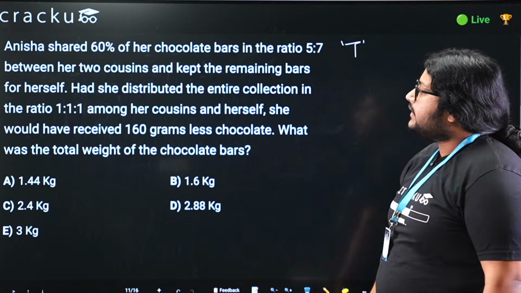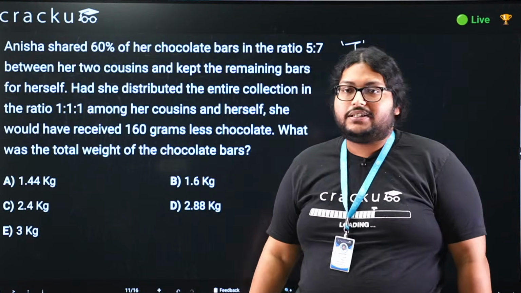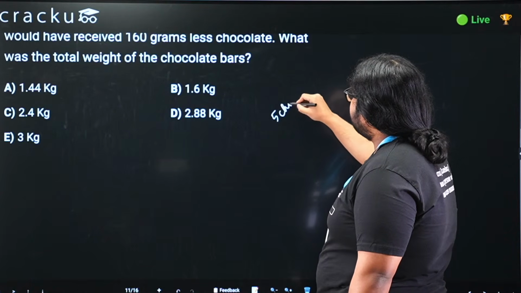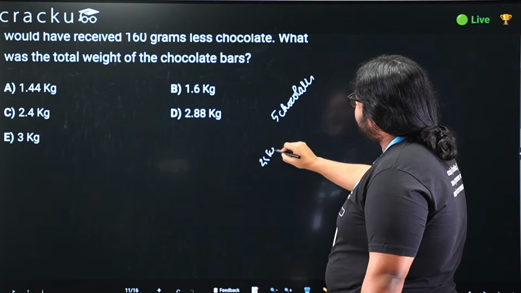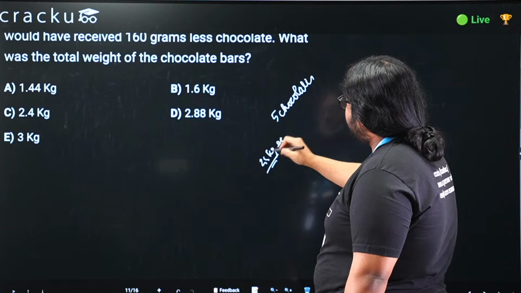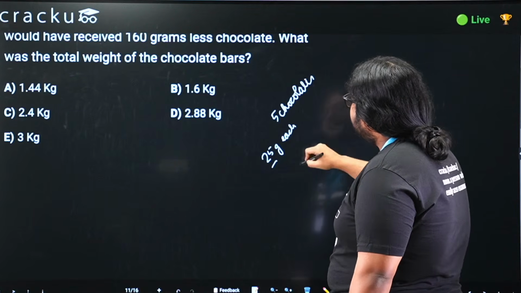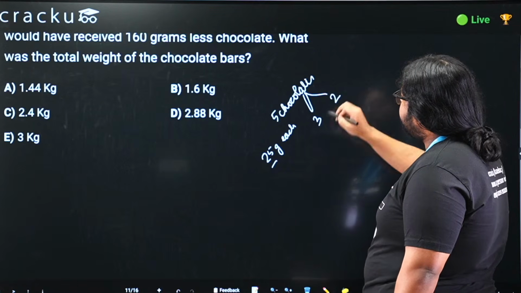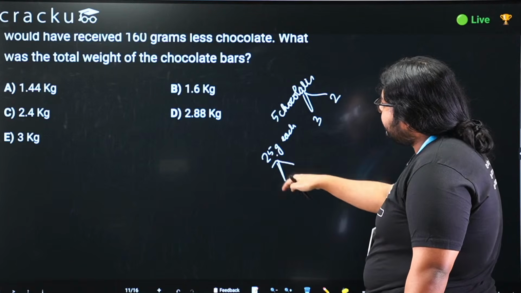Now if I divide by weight, then I am also dividing by the number. What I mean is, if I have 5 chocolates and let's say each is 25 grams each. In that case, if I divide the chocolates in a 3:2 ratio, like 3 chocolates and 2 chocolates, this is same as me dividing the weight.